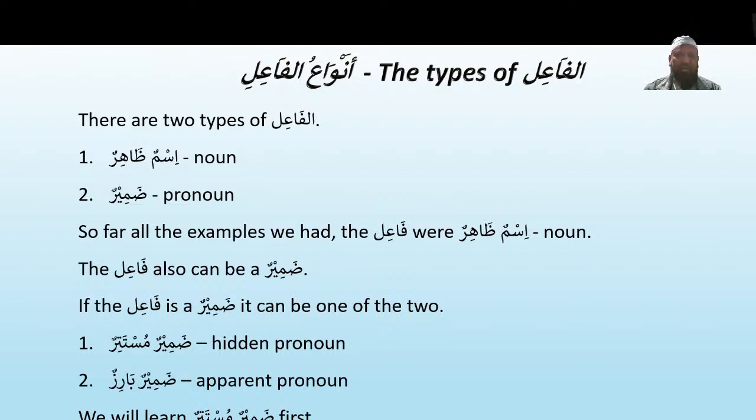Ismun zahir, the noun as fa'il. Number two, damir, the pronoun as the fa'il. Because pronoun as the fa'il will be used a lot. Okay? Damir as the fa'il is used in the Quran a lot. So you need to understand this properly.